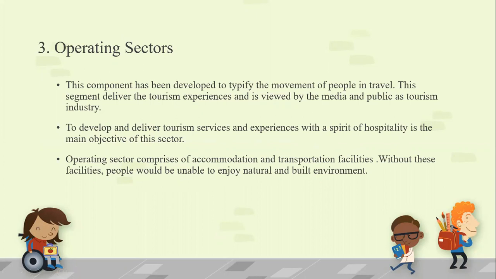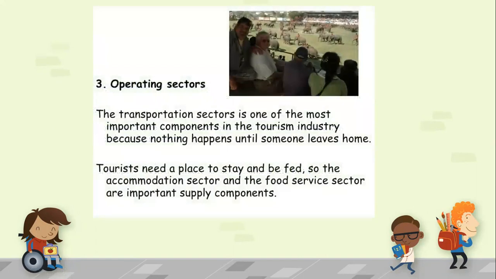Without these facilities, people would be unable to enjoy the natural and built environment. So students, in the operating sector, you are providing your visitors accommodation services and transportation facilities. All of this comprises the operating sector, right? See, the transportation sector is one of the most important components in the tourism industry because nothing happens until someone leaves home. Tourists need a place to stay and to be fed.